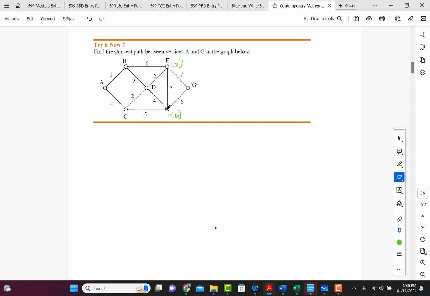If we look at EF, the distance from F through E to G is going to be 9. Well, the distance from F that we originally have is 6. So 9 is bigger than 6, so we're not going to replace that one.